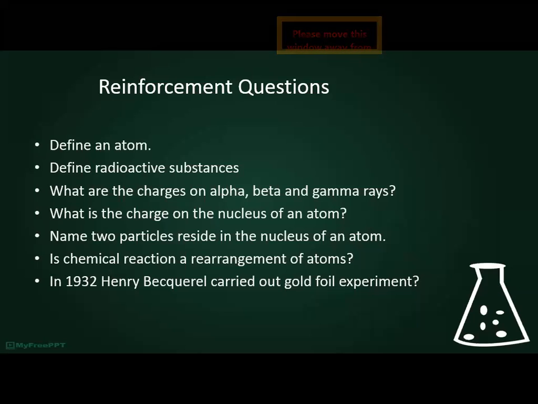Yes, right. What about the second one? Define radioactive substances. Beta rays carry positive charge? No, this is wrong, Bilal, this is totally incorrect. Radioactive particles are of three types: alpha, beta, and gamma.